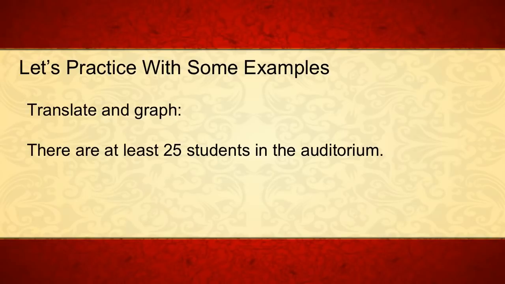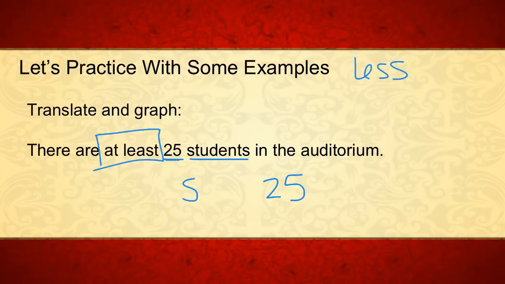Okay, so I need a letter. So students, I'm going to use S. I need a number, I'm going to use 25. Then I need a symbol. So I'm going to think about 3 questions. Are there less than 25 kids if there's at least 25?